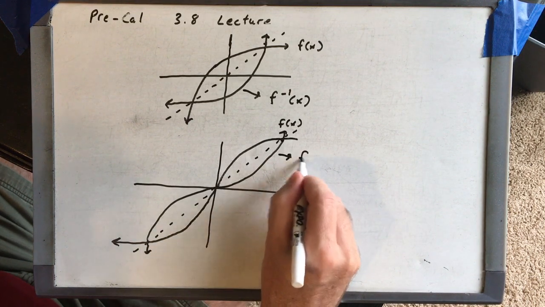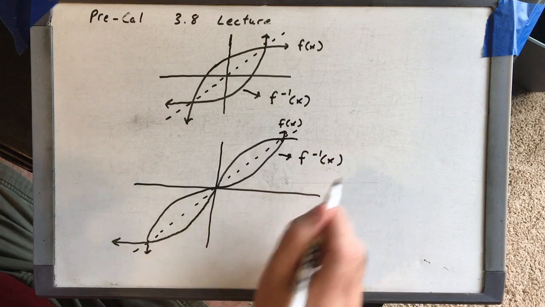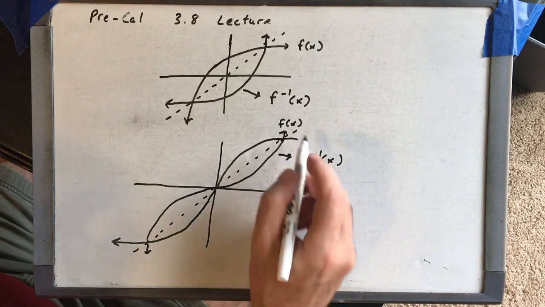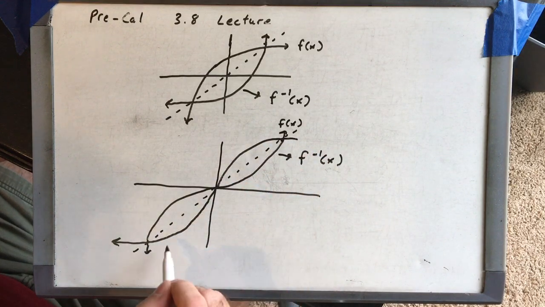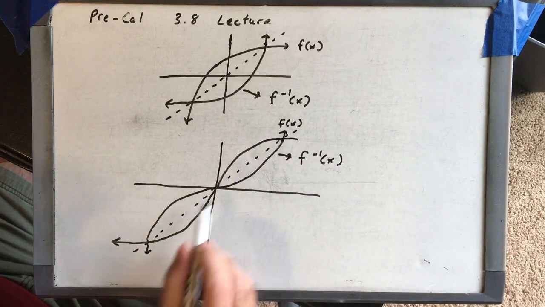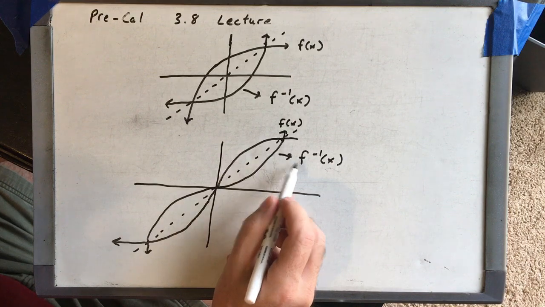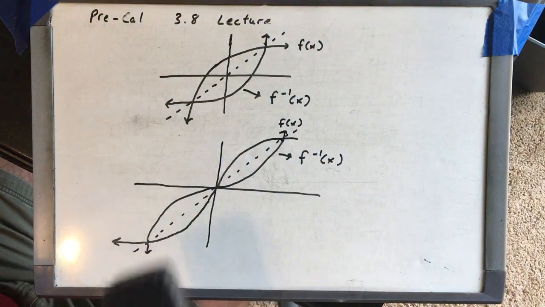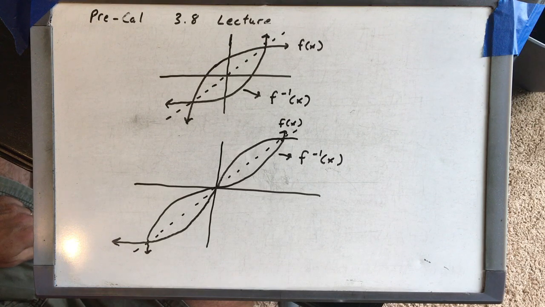This is going to be the inverse. Okay, so the original one would be this, and if you fold it across the line y equals x, the inverse would look something like that. So that's just a couple of examples with curves on what the inverses look like.